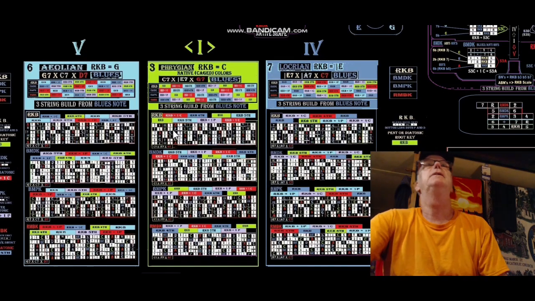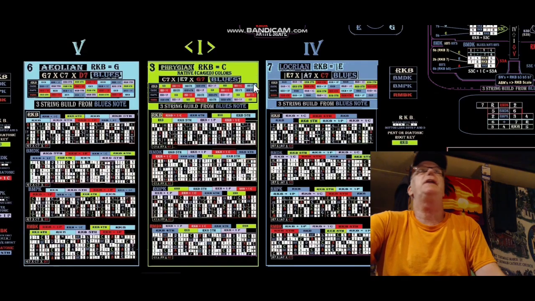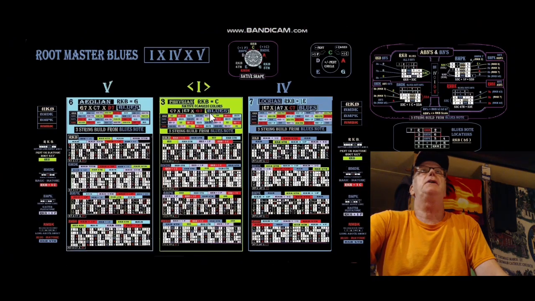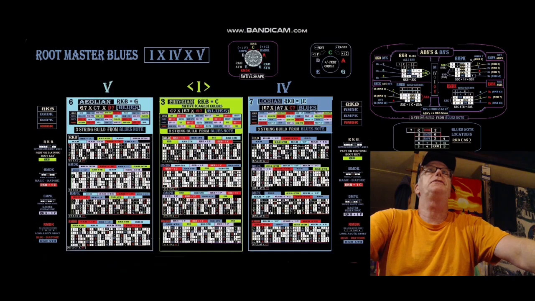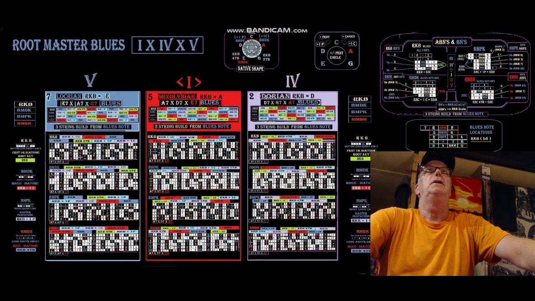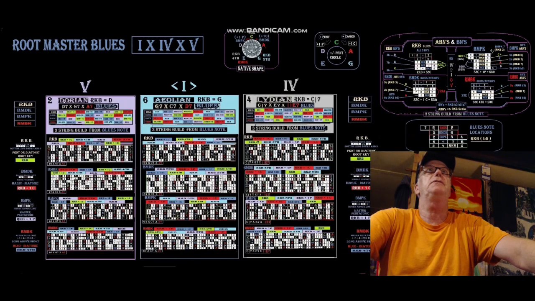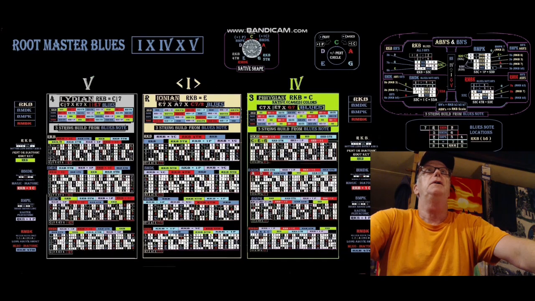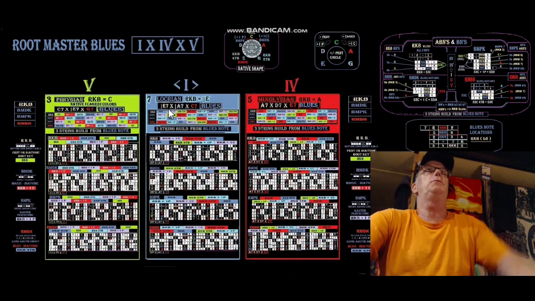Same shape, so we can implement that. And that's about it. I've done all 7 of them: the C, the A7, D7, the G7 blues, the E7 blues, but that E7 is the Locrian one, which is barred.